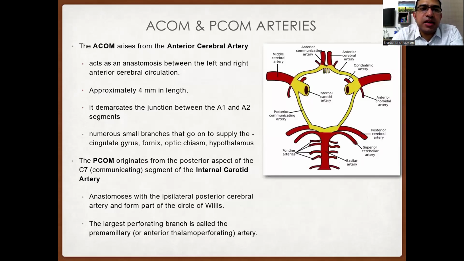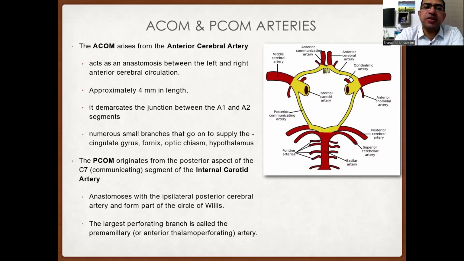Now, there is the anterior communicating artery and the posterior communicating artery. As I mentioned before, the anterior cerebral artery, which arises from the internal carotid artery, goes towards the frontal lobe, and in that process, there is a bridging between the anterior cerebral arteries, which is known as the anterior communicating artery.